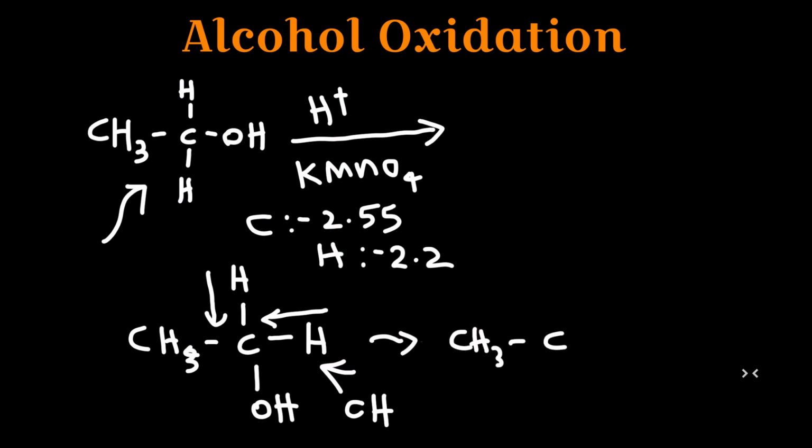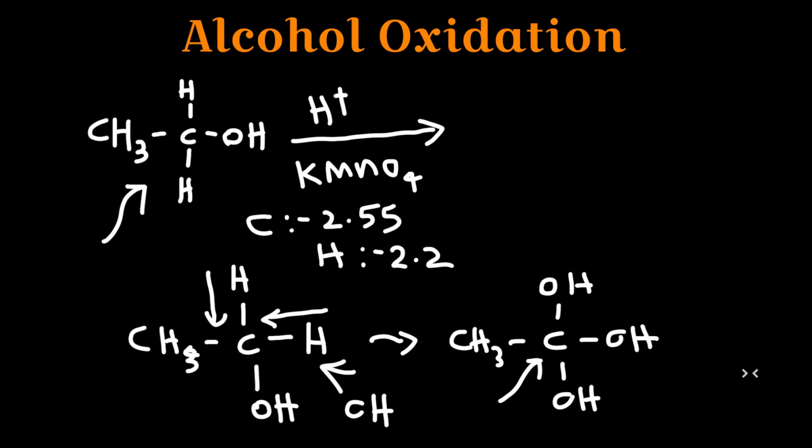After replacing hydrogen with OH group, we can see there are three OH groups surrounding this middle carbon atom. Now we know that when one carbon has more than two OH groups, it becomes unstable.